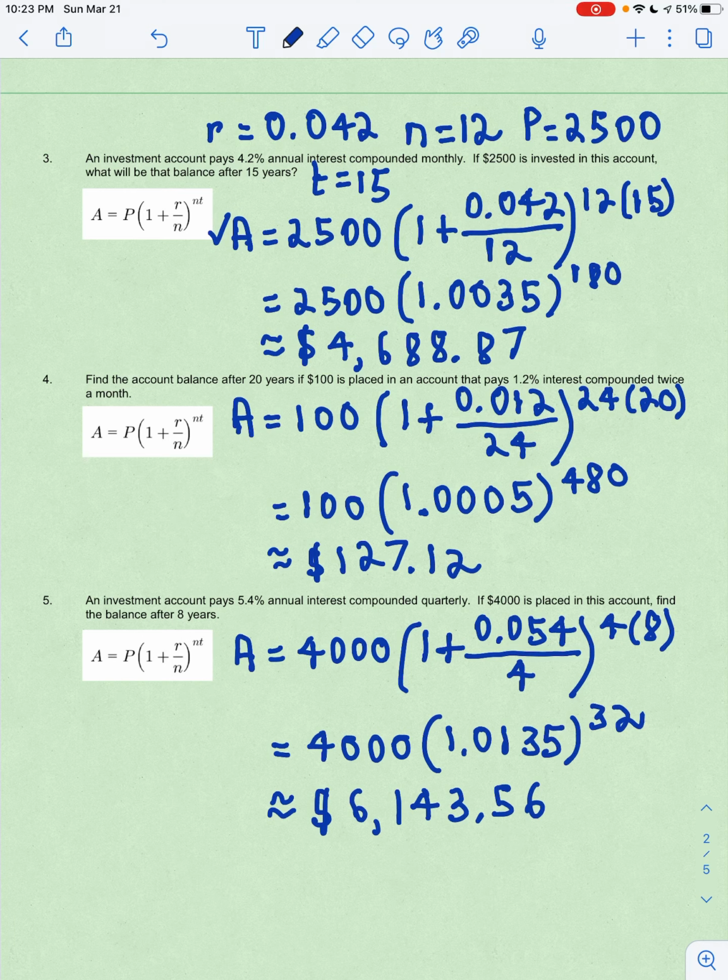A couple of things to mention is compounding periods. Of course, quarterly means 4 times a year. Monthly would be 12 times a year. Annually would be once a year. Sometimes they will say something like bi-weekly. Bi-weekly typically means every other week. And in a calendar year of 52 weeks, that would mean 26 times.